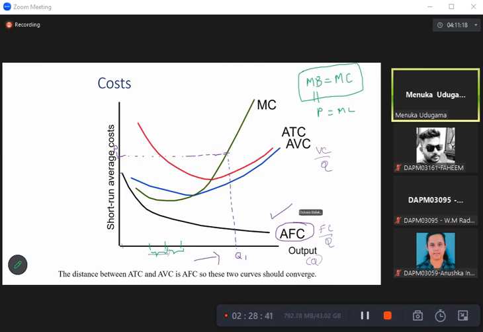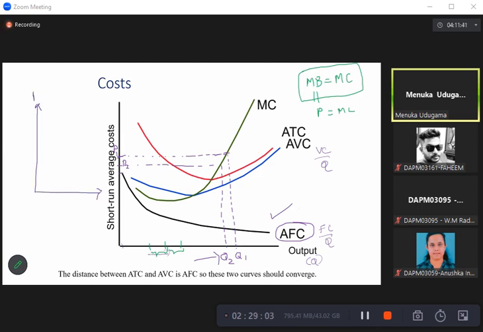Let's take another one, P2. We draw a price line all the way up to the marginal cost and all the way down. Fine, that's Q2. Now I'm going to draw this on a separate curve.